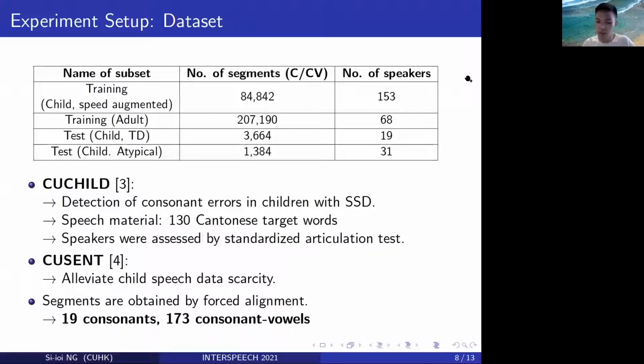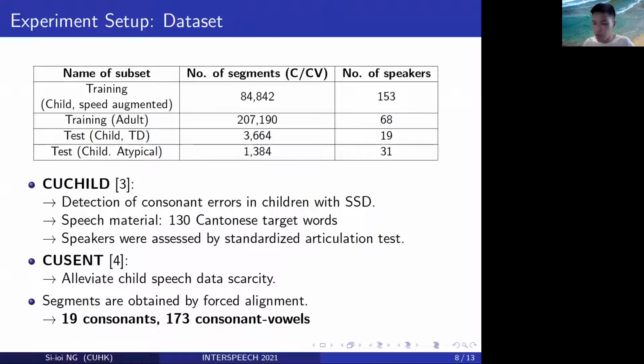To train the embedding extractor, here we deploy two datasets. The first one is called Si-Ioi. It supports the system development for speech sound disorder detection.